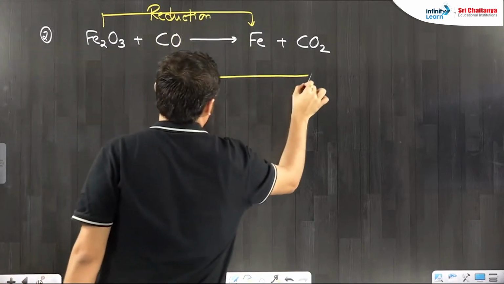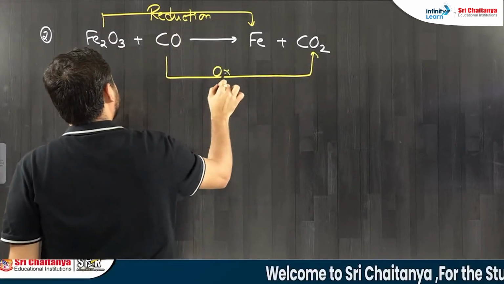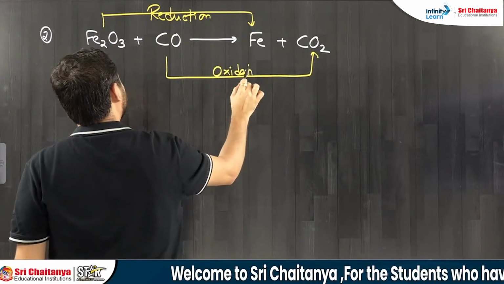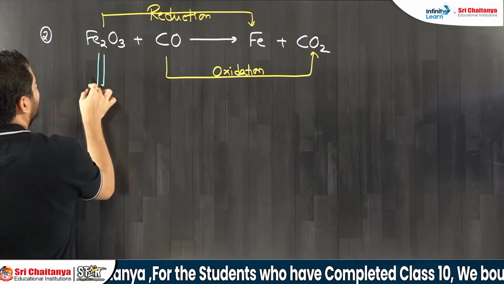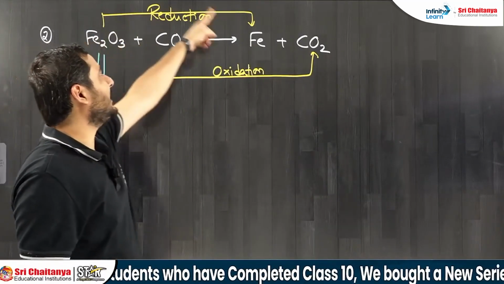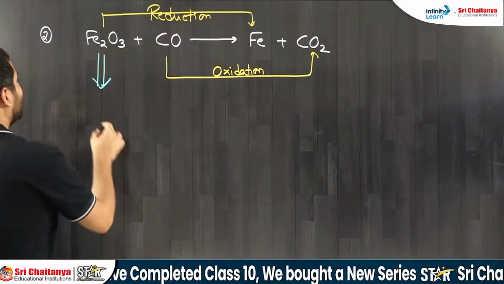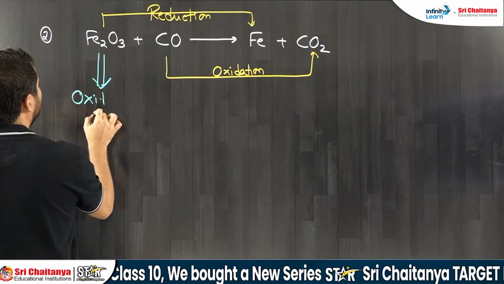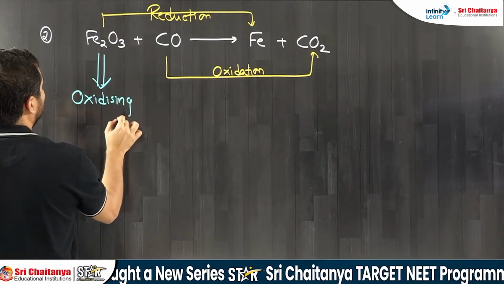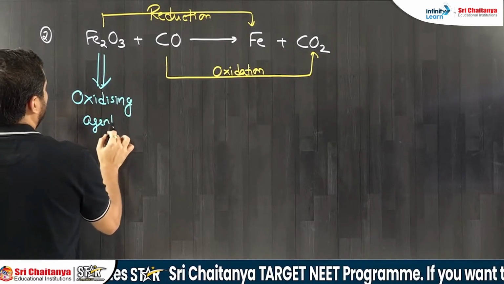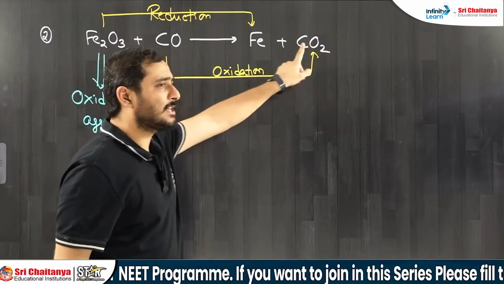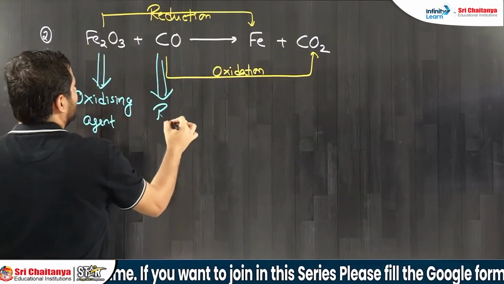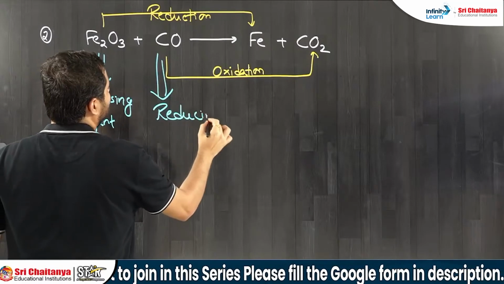And CO is converted to CO2. Addition of oxygen is called as which process? Oxidation. Now easily we can identify species which itself getting reduced, they will oxidize other. So they will act as which agent? Oxidizing agent. And for CO if we write, species itself getting oxidized will reduce other. So it will act as which agent? Reducing agent.